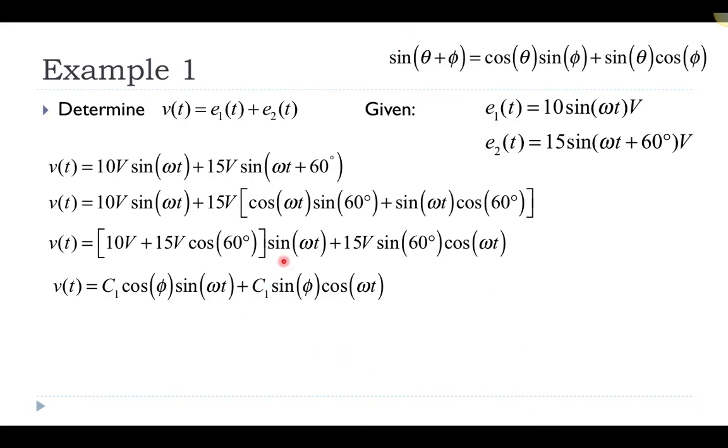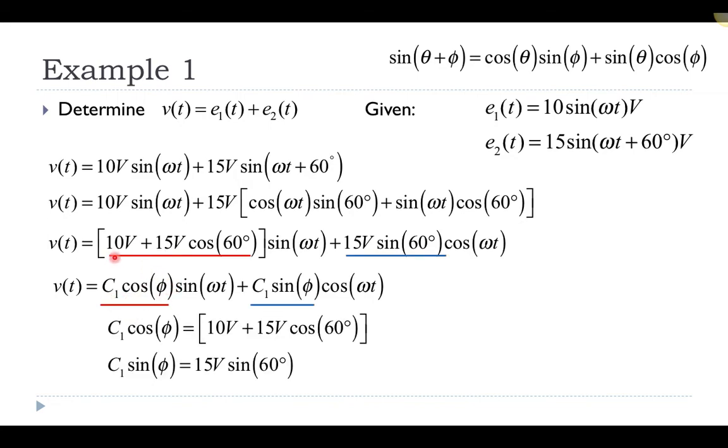So what I'm doing is collecting the sine omega t and the cosine omega t, keeping those in there, and replacing what's in front of those with a new phase angle and some constant. The term in front of the sine omega t is now some constant times cosine of some angle phi, and the term in front of the cosine omega t is now some constant times sine of phi.